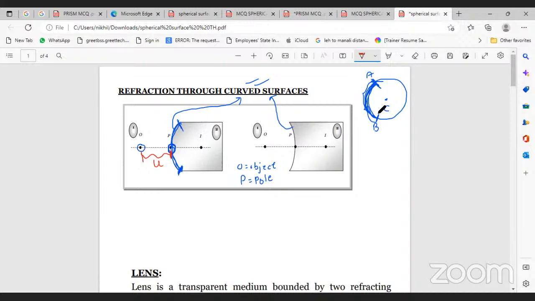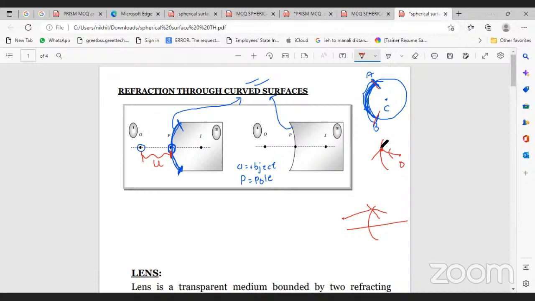If you consider this small portion here and place the object here, the ray of light will pass and the refraction will take place like this. If the object is placed inside the spherical surface, the refraction takes place here. So on both sides, refraction is possible. Are you getting my point?